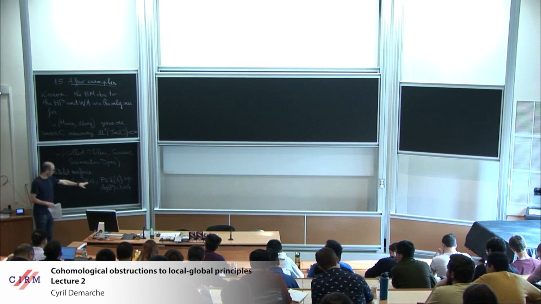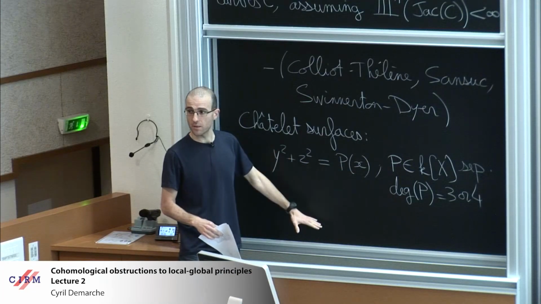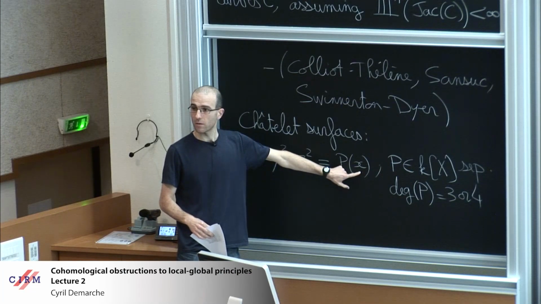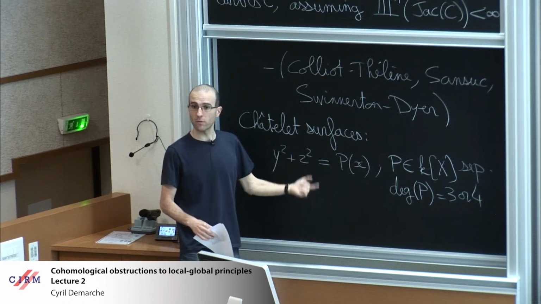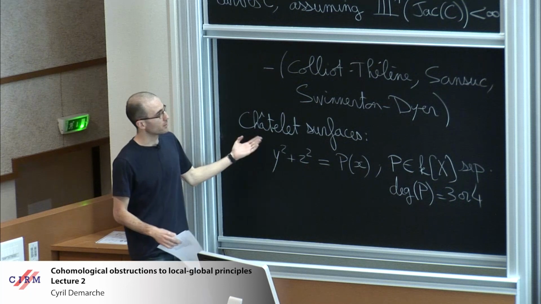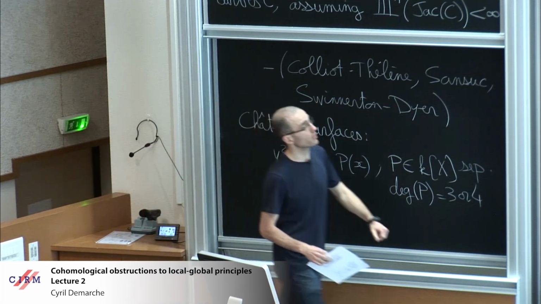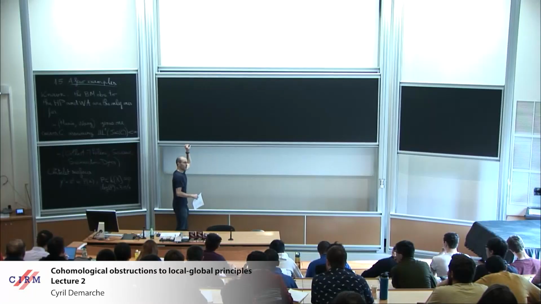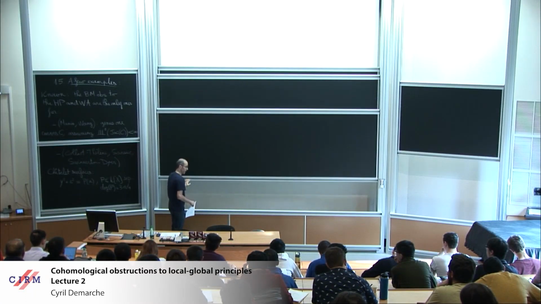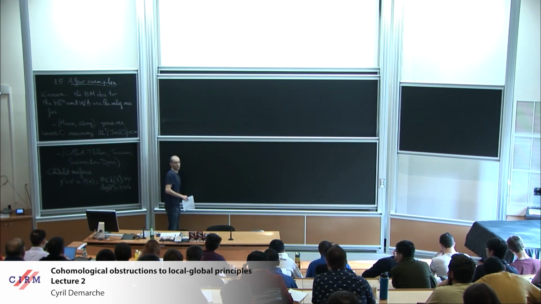You can see it if you fiber this variety over P1 when you project to the variable x. So this is a conic bundle over P1. And for these surfaces, the Brauer-Manin obstruction to the Hasse principle and to weak approximation is the only one.